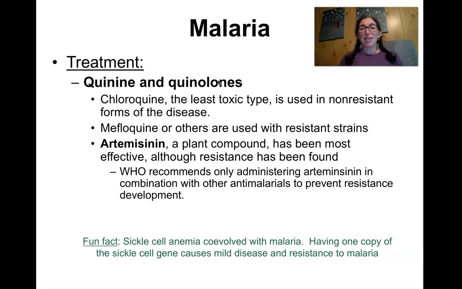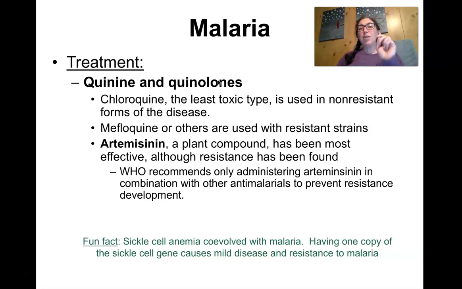And somebody who has two versions of the sickle cell mutation, two copies of it, has pretty severe anemia. A lot of their blood cells are sickled, and they have trouble transporting oxygen, and those sickled cells can get stuck in the capillaries and cause blockages, and that's often what leads to death, like a stroke or something from a blockage from those sickled cells.